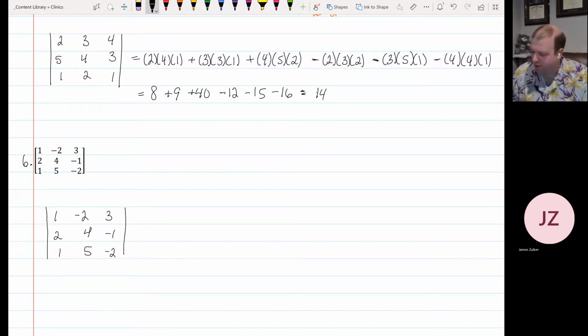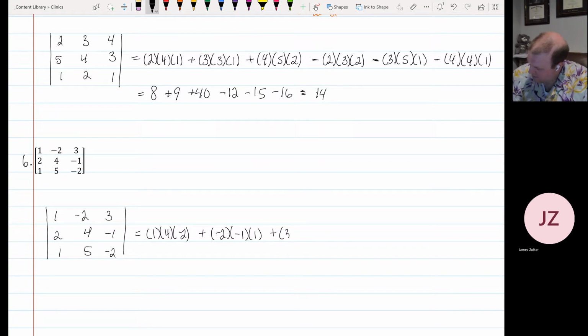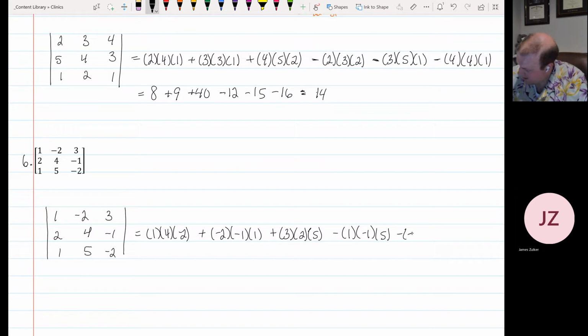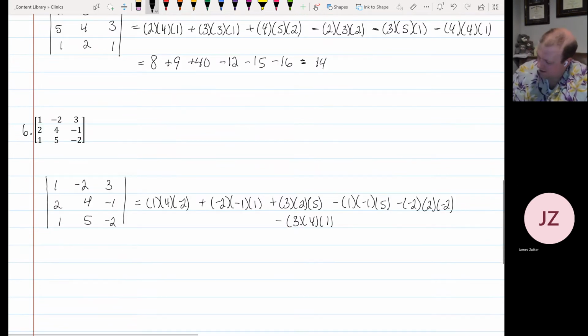So this determinant: 1 times 4 times -2 plus -2 times -1 times 1 plus 3 times 2 times 5 minus 1 times -1 times 5 minus -2 times 2 times -2, and then minus 3 times 4 times 1.